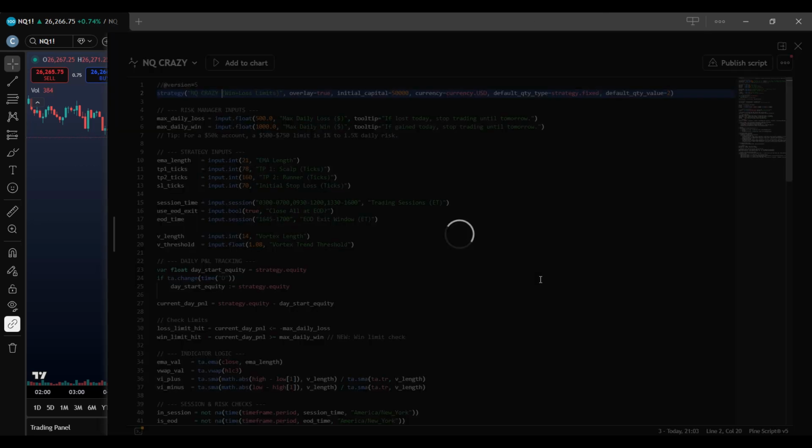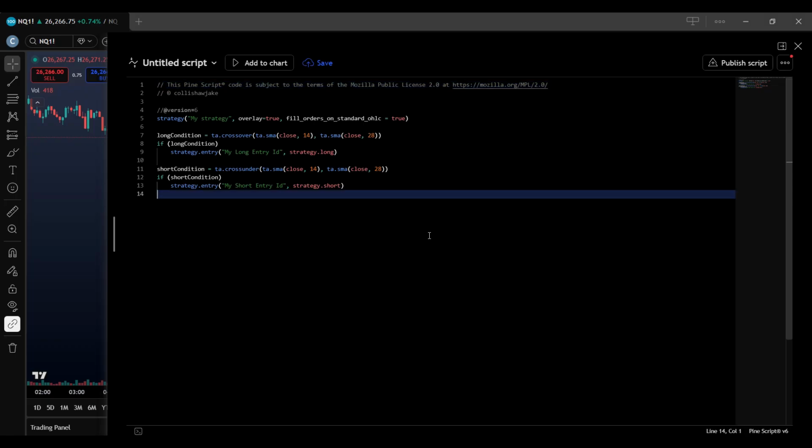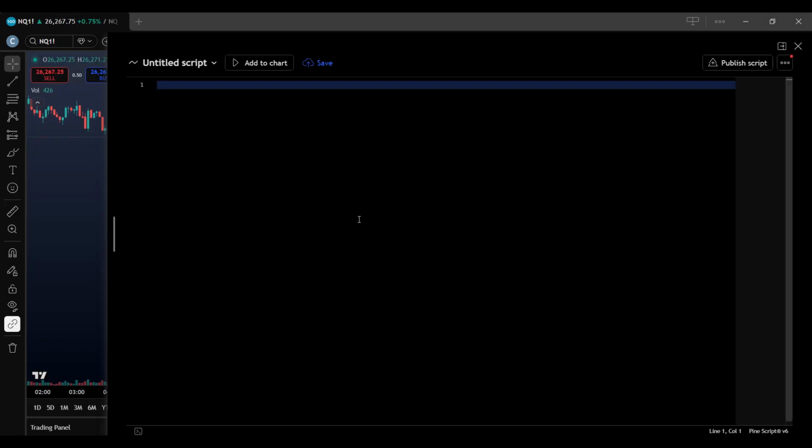You're going to go into the Pine editor and you're going to create a new strategy, right? You're going to copy the script into here, right?